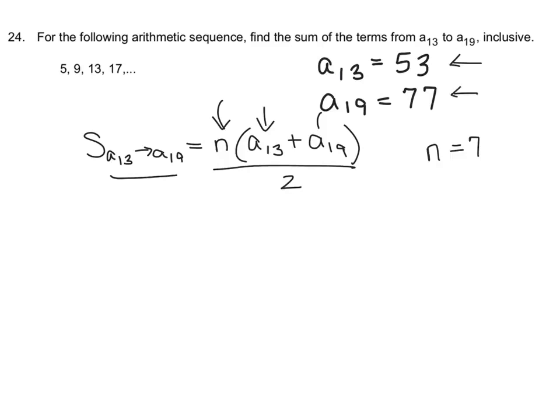We'll just plug those numbers into the formula. I have 7 times 53 plus 77, all divided by 2. First, we'll add the numbers in parentheses. 53 plus 77 is 130.